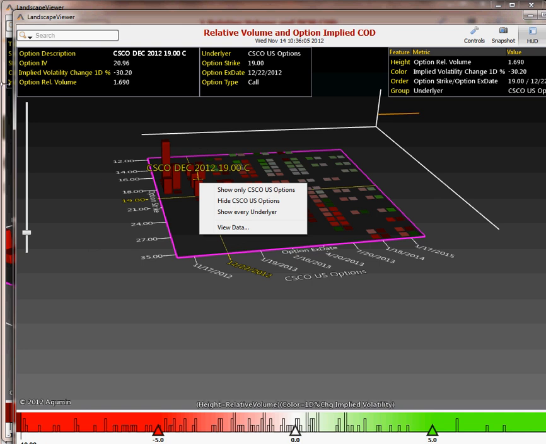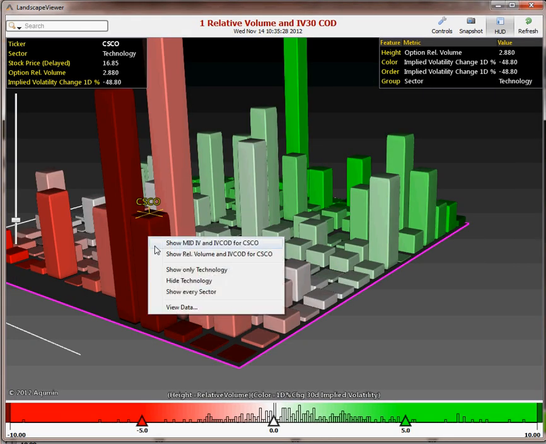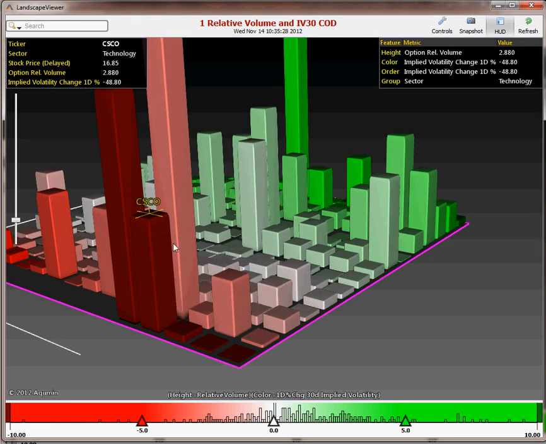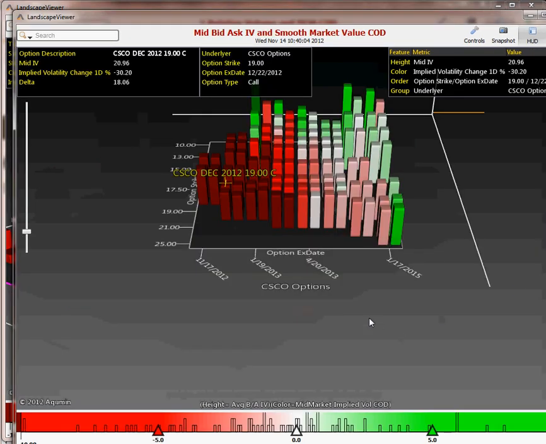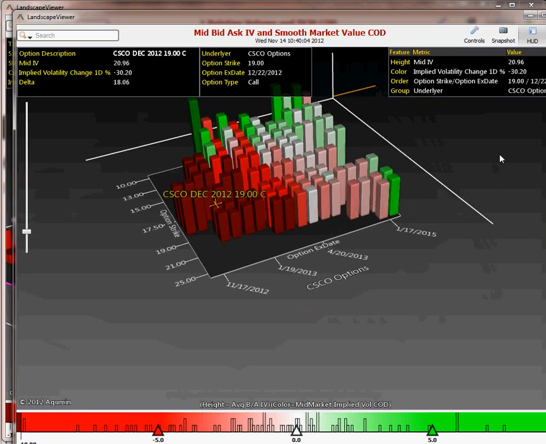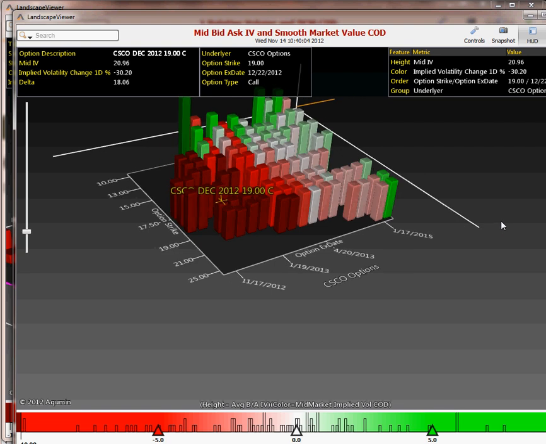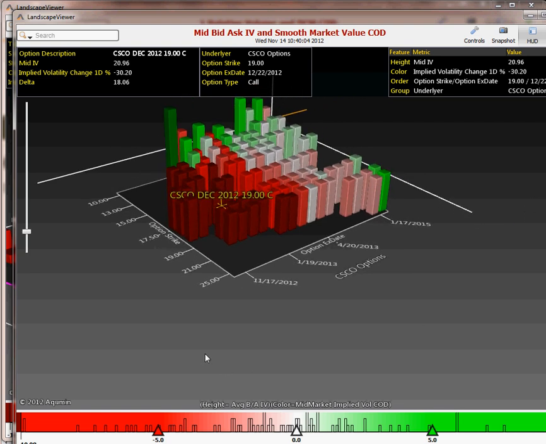So let's take a look at another view of Cisco. Let's look at the mid implied volatilities for this stock. So now we're seeing a graph of all of the options in Cisco, not just the ones with the relative volume.